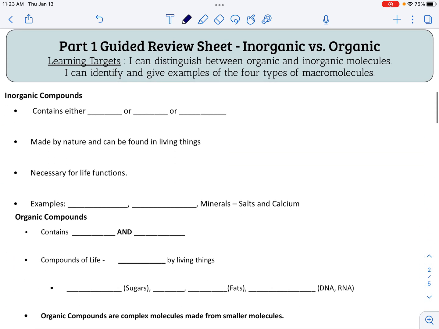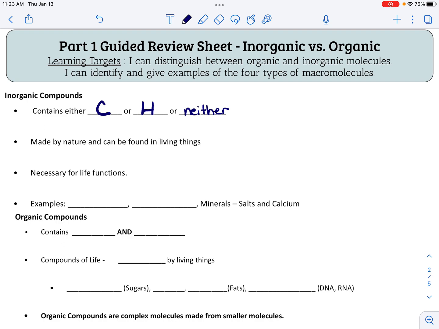All right, so we started this with just a review of the difference between inorganic and organic. If you remember from earlier this year, inorganic compounds can have carbon, they can have hydrogen, or they might have neither.